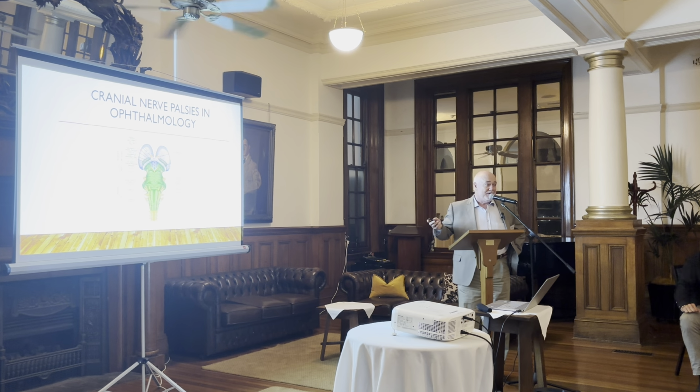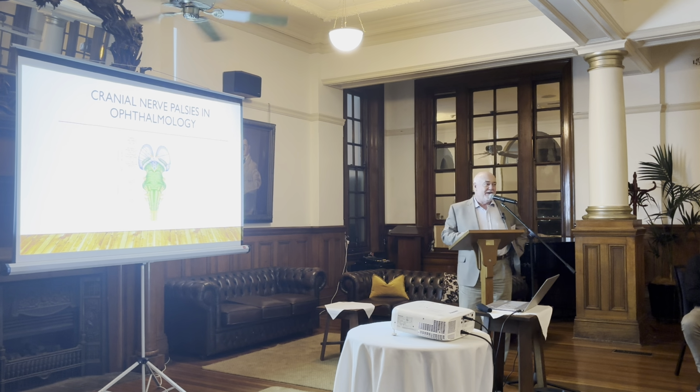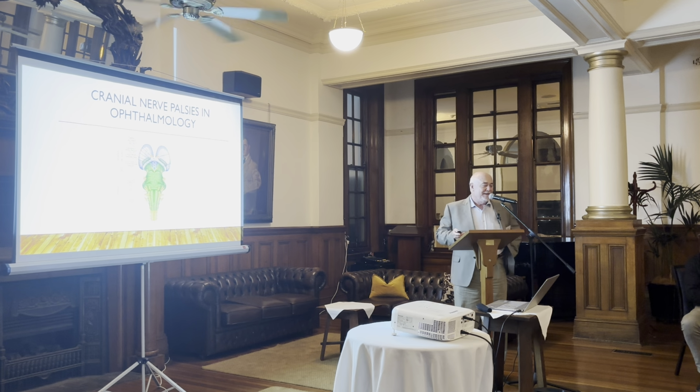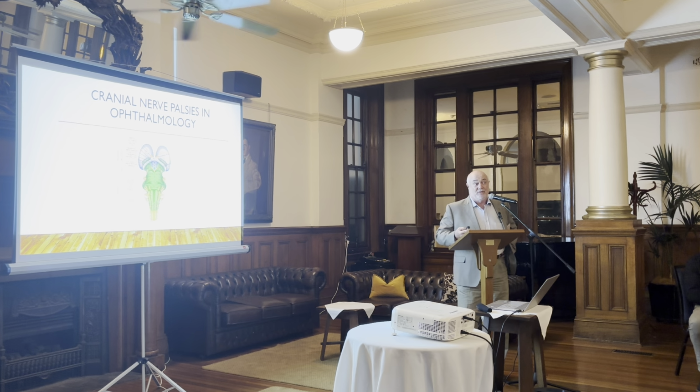So the cranial nerves are nerves that arise largely from the brainstem. I'm told, more or less, that there are 12 of them. Some of them are purely afferent nerves, so they're taking sensory information to the brain. Some are efferent or motor nerves. Some are a mixture.